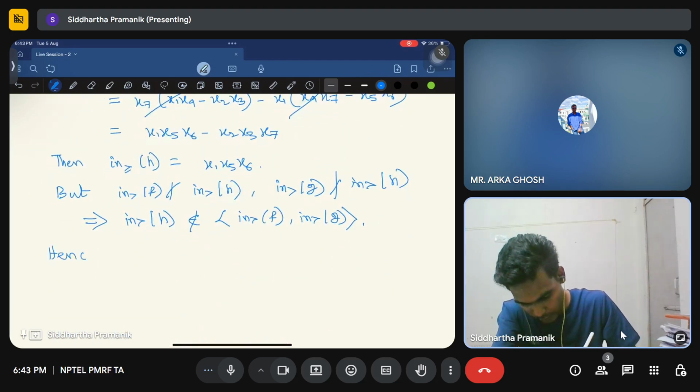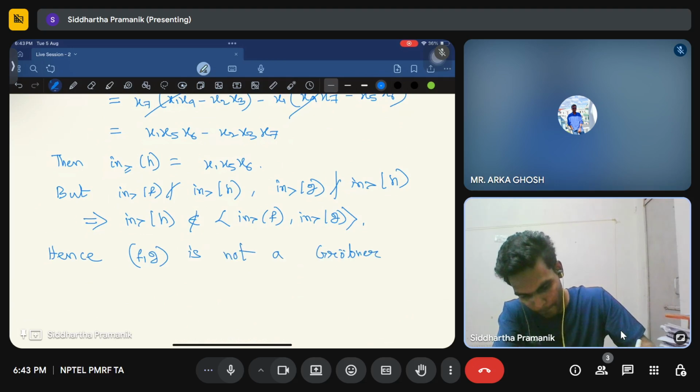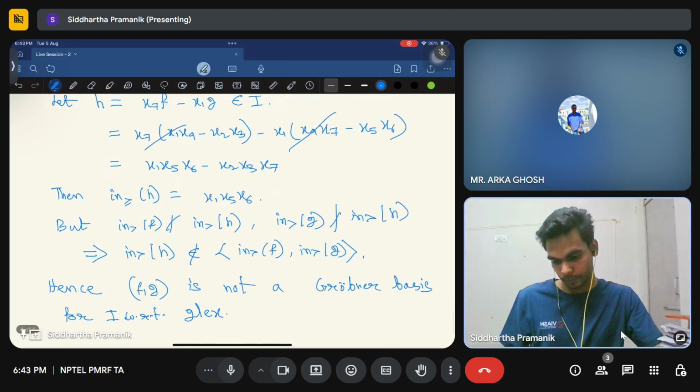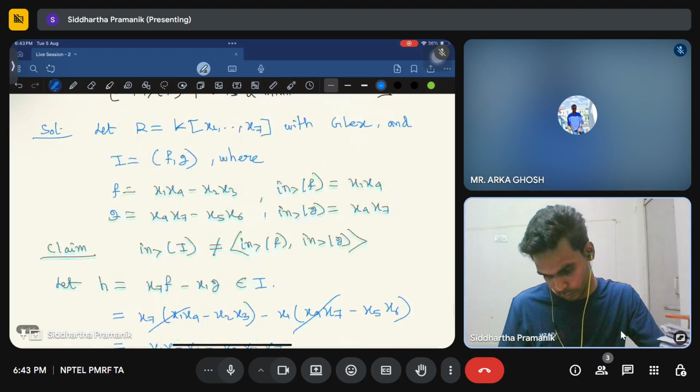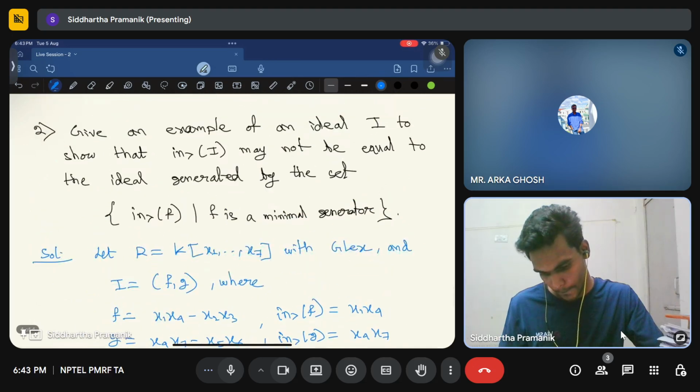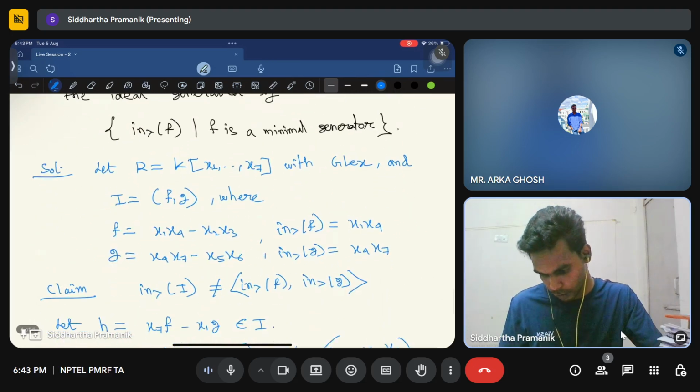So we can say that {F, G} is not a Gröbner basis for I with respect to grlex. Okay, so I hope the example is clear.